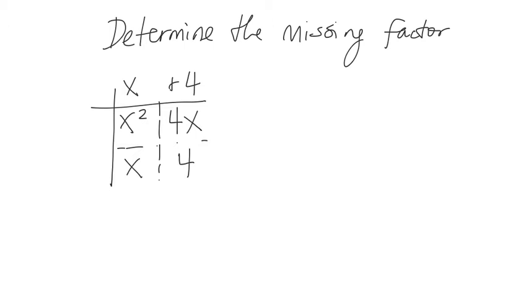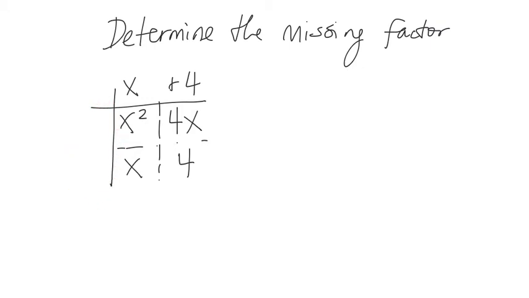Here's the first example. I've filled in my chart in a particular way, and I've told you one of the factors. What we're trying to do is fill in the factor that goes down the column.